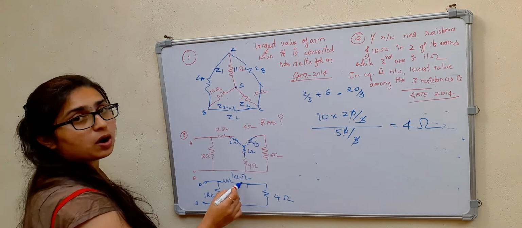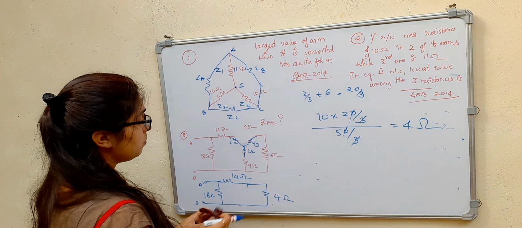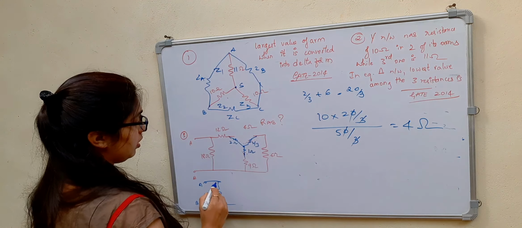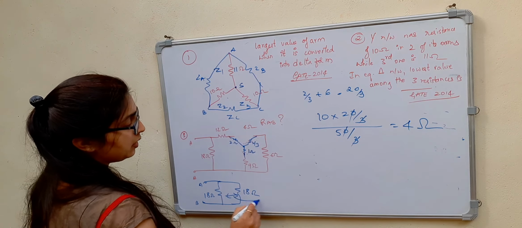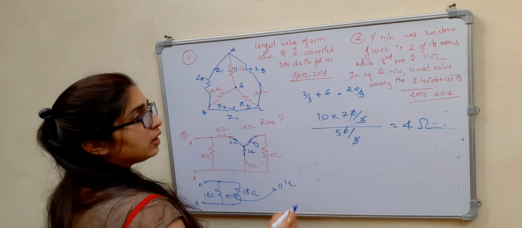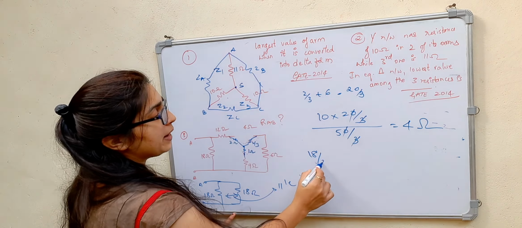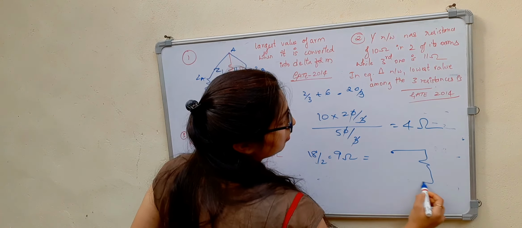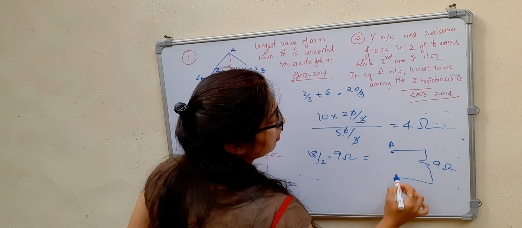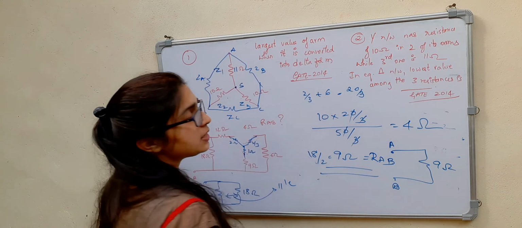These two are in series, so 14 plus 4 will be 18 ohms. And now these two are in parallel, equal resistances in parallel, so it will be 18 divided by 2, that is 9 ohms. So this is RAB. So the value is 9 ohm.